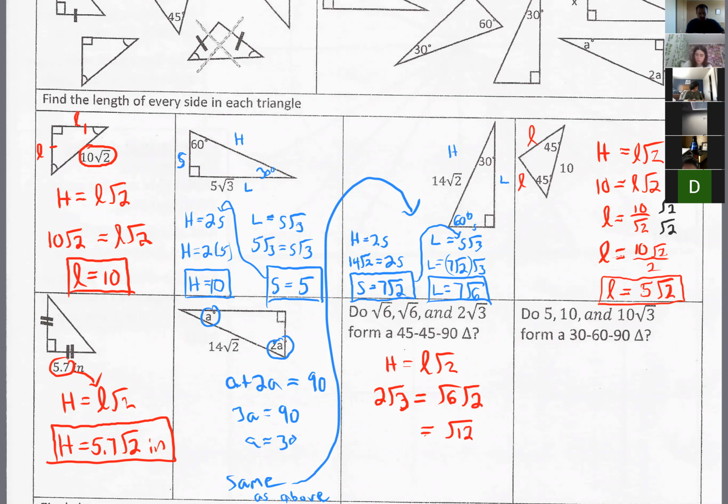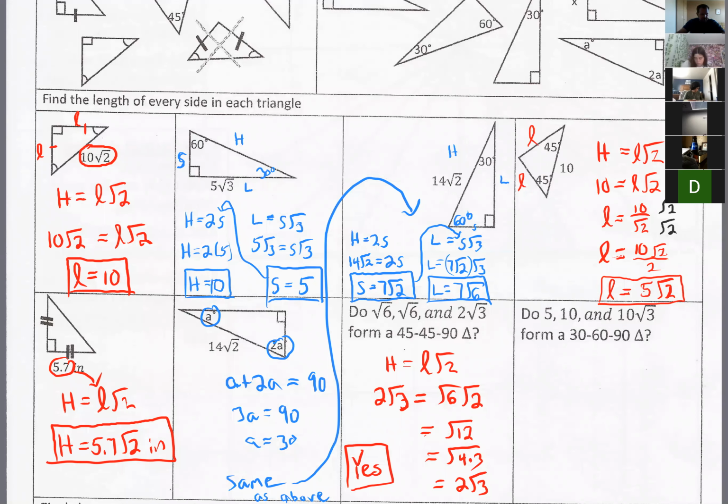So doesn't the hypotenuse equal L times the square root of 2? Yes. So here I would say yes, because we were able to show the left side equals the right side. So as long as you can say that the longest side is square root of 2 times the short leg of the congruent sides, or times one of the legs, you know it's yes.